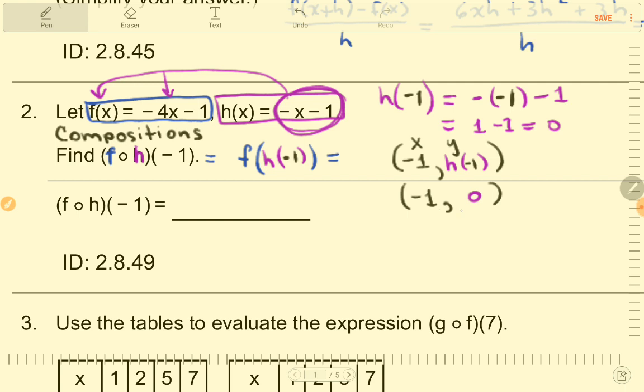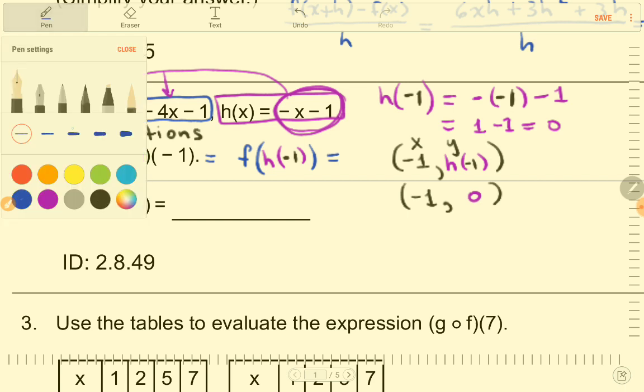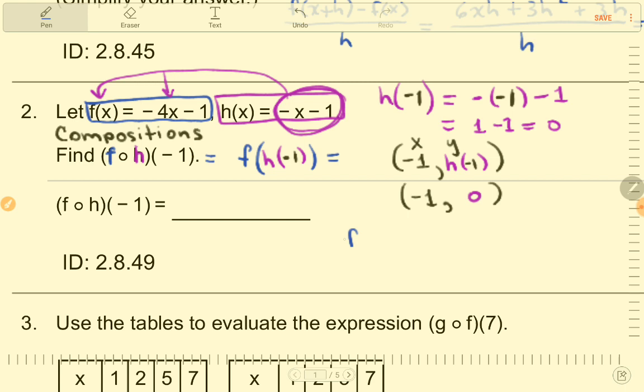So moving on from there, I'm going to take that result and input it into the blue function, the outer function, f of x. So I'm going to do f of 0 now, and that'll be my final answer once I've evaluated that. Right, so f of h of -1 is f of 0.